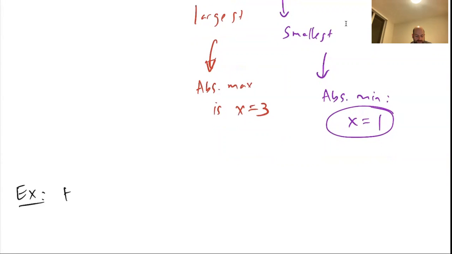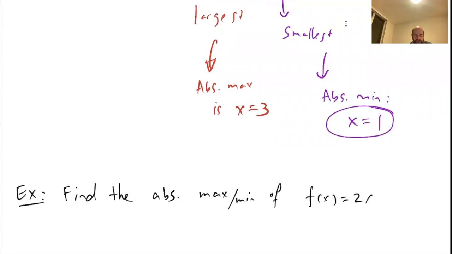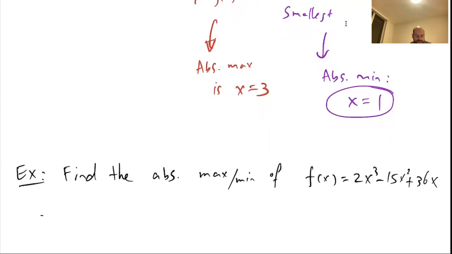Example: find the absolute max and min of f of x equals 2x cubed minus 15x squared plus 36x on the interval 1 to 5.